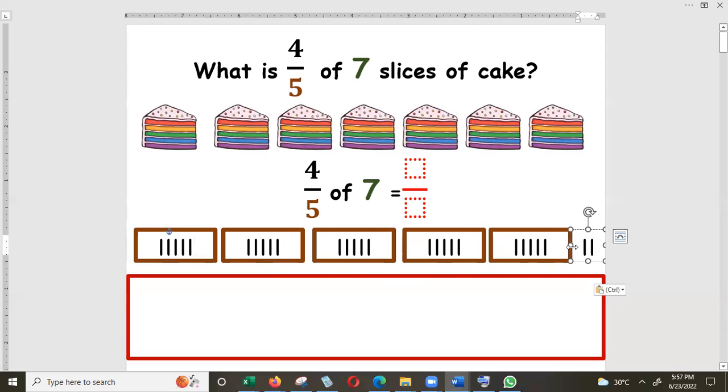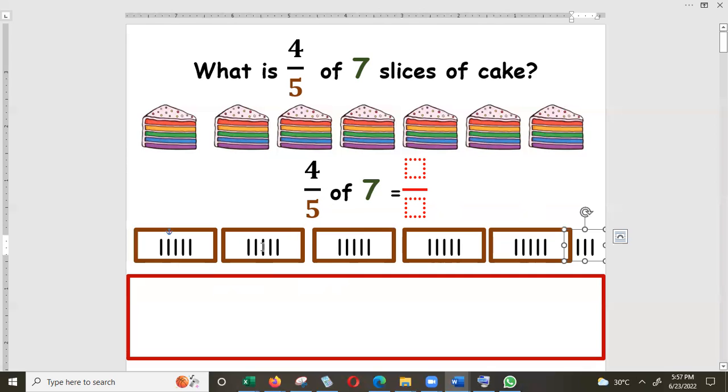So you can appreciate the attempt to divide 4 groups of 7 equally among 5. Each of the 5 boxes ends up having 5, and you have 3 outside. That is 5, 10, 15, 20, 25, and 3, 28. So here you have the most efficient attempt at dividing 4 groups of 7 into 5 equal portions.